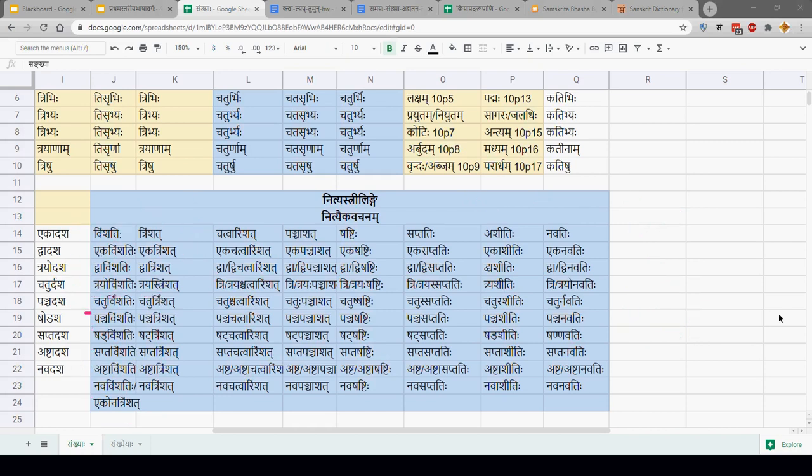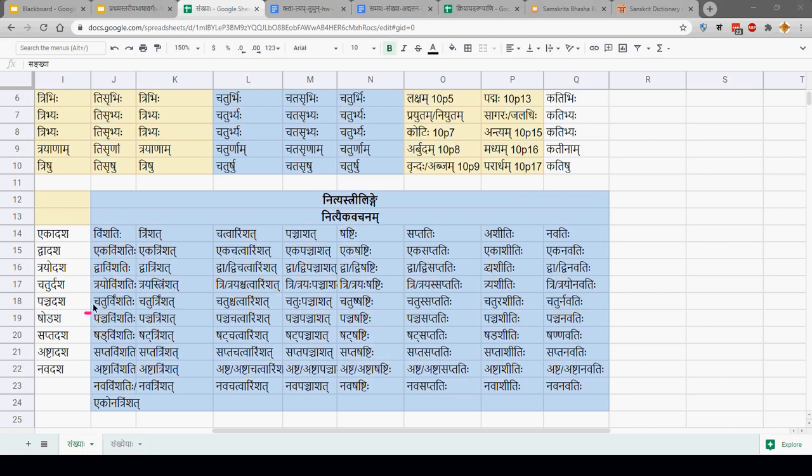Similarly, the next one, Chatur Vimshati, Chatur Trimshat. Here we are adding Chatur as the prefix. I think this should be different. Let me reconfirm. There is a typo here.